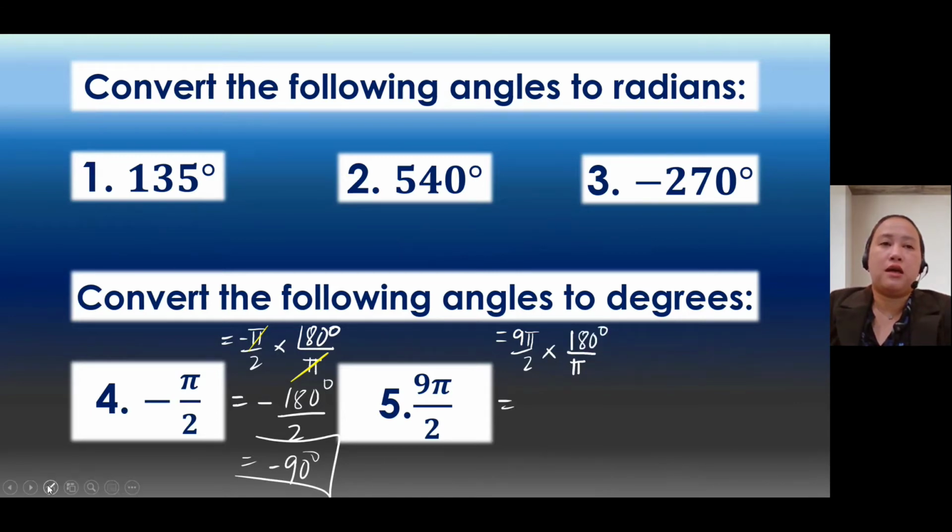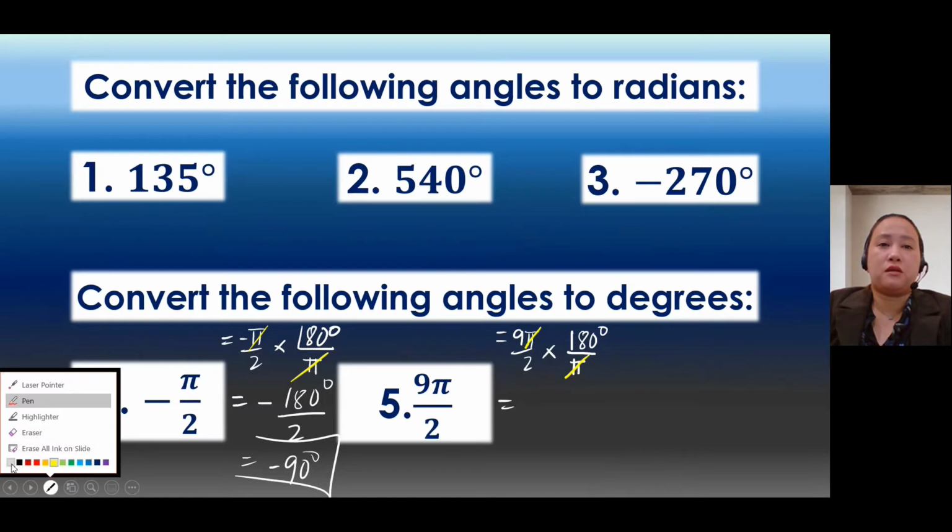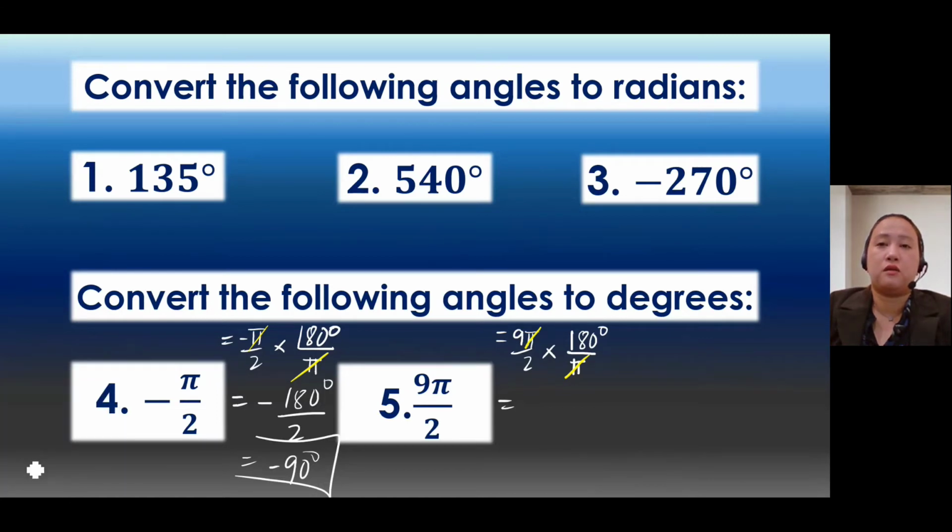We can then again cancel the pi. We are not canceling pi because it is the unit. It is the same as a number: if you have the same number on the numerator and denominator, you can cancel it.